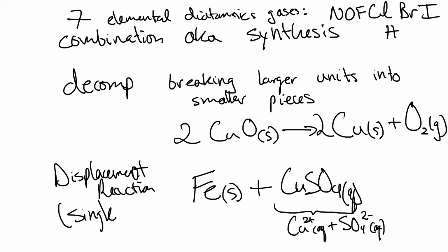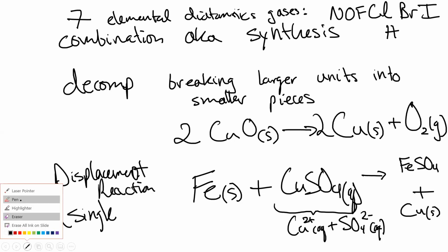Because what you have here is these react and you get iron 2 sulfate that becomes, no, sorry, aqueous. And then you add to it copper that is solid. And the exchange reaction that is happening here is the iron is entering solution and the copper is leaving solution.